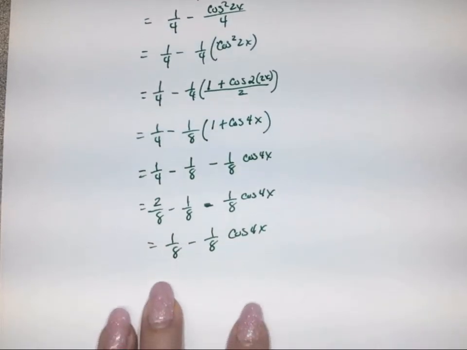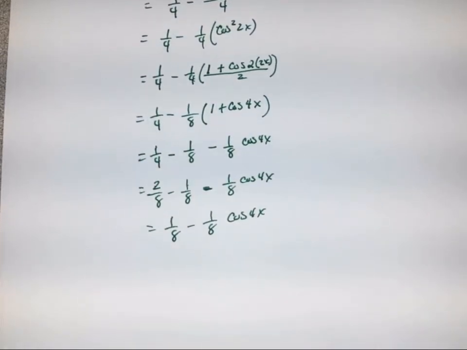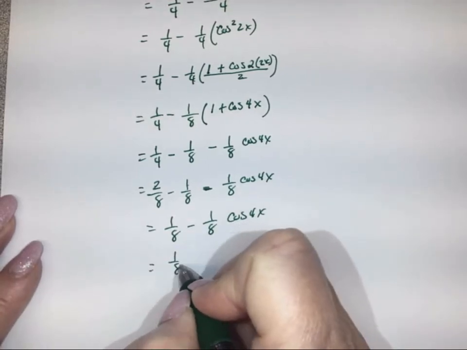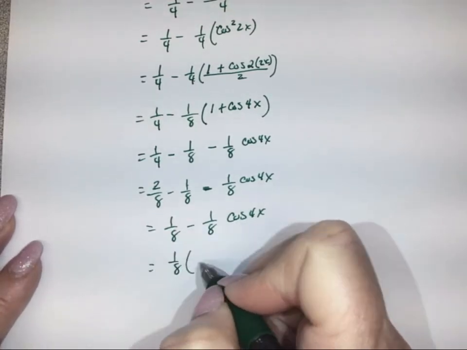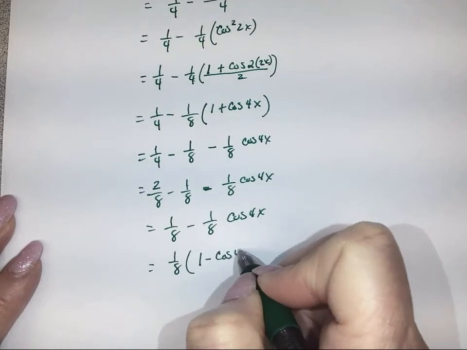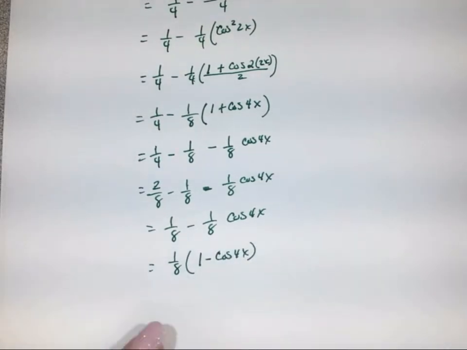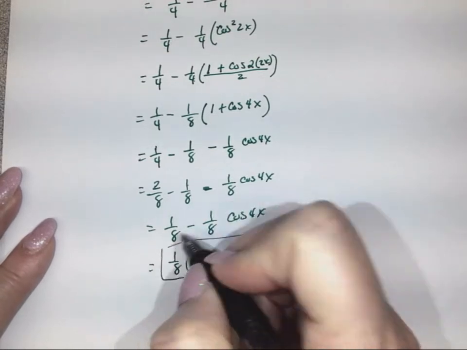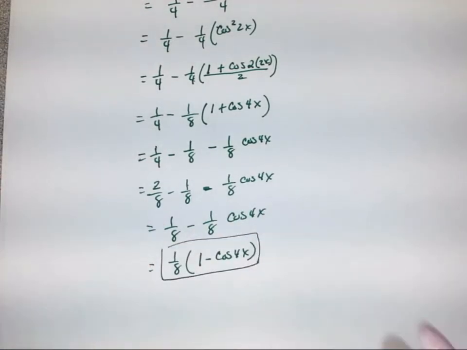Now, in some instances, they're going to want you to factor out the 1/8. So we'd have 1/8 times 1 minus the cosine of 4x. That's what a lot of the books will see as the final answer, but I don't know that that's a wrong answer. This one is a lot of steps for the lowering powers, so just be aware of that.